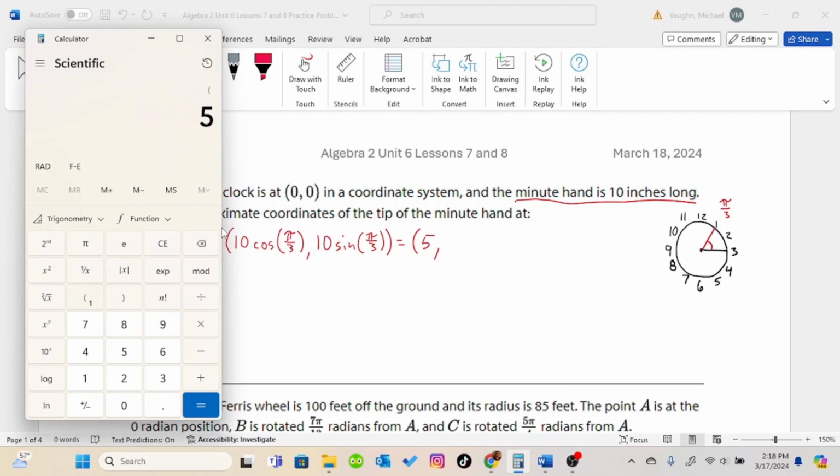Now I go in and I do the same thing for the y. I've got pi divided by 3, but this time I want the sine, and then I'm going to take this value and multiply it by 10, and I get approximately 8.7.